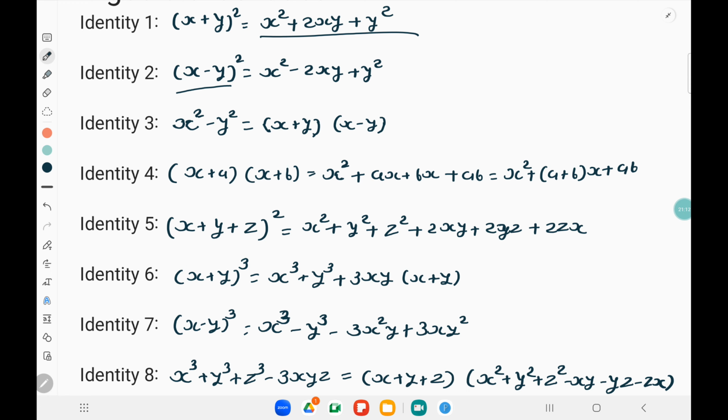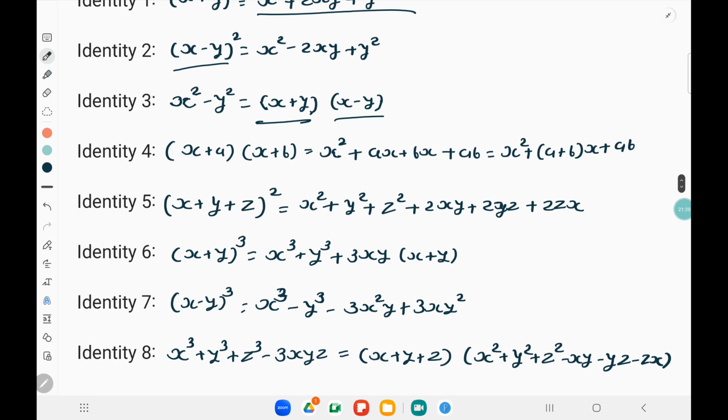Here x square minus y square. So the difference between two square numbers gives x plus y and x minus y, two brackets, one positive, one negative. Here x plus a, x plus b, two different brackets given. So x square plus ax plus bx plus ab, right?